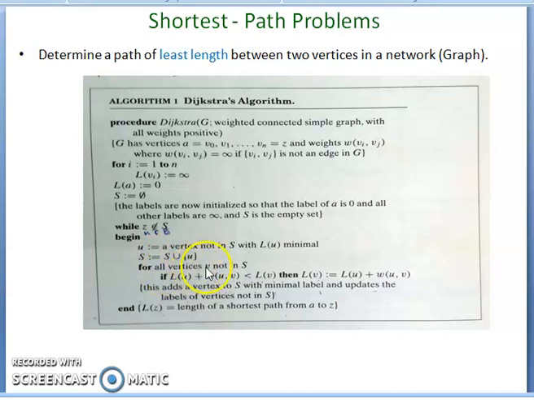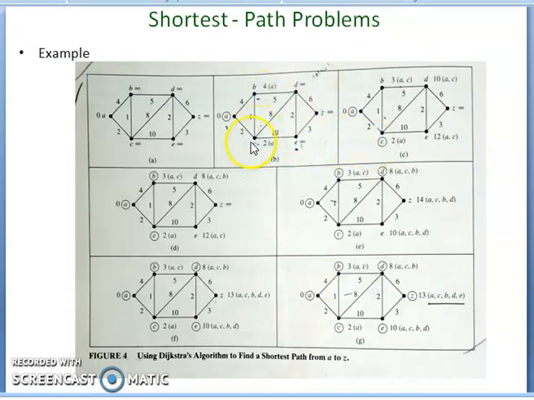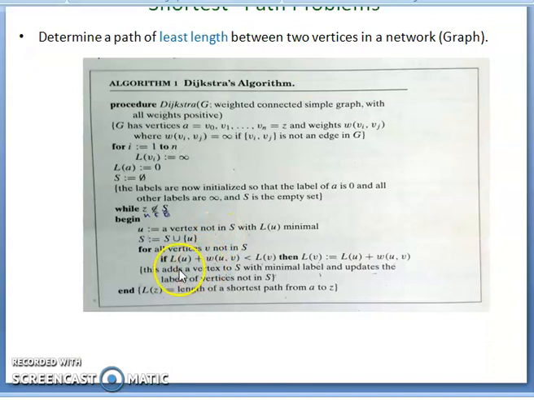And for all vertices V not in S, you update the lengths of B, D and E since you are at C. This is the updating of lengths, and you repeat the same until you reach the destination.